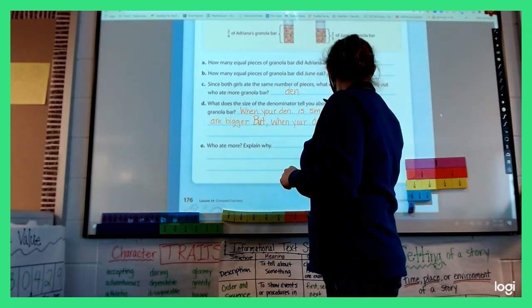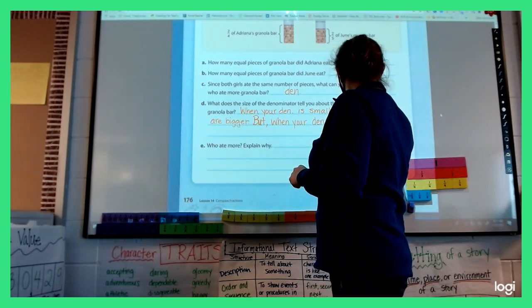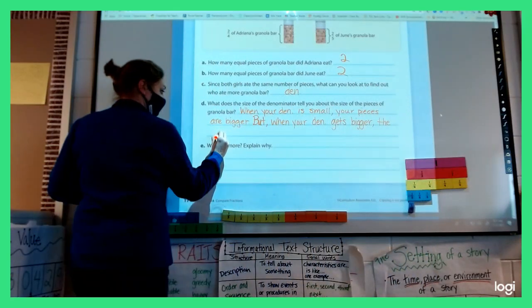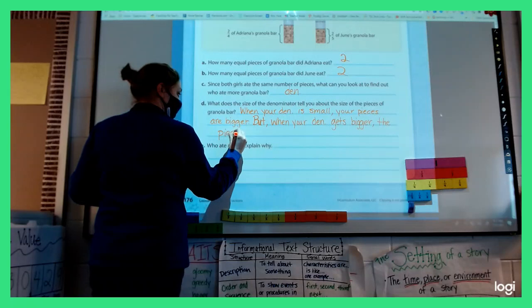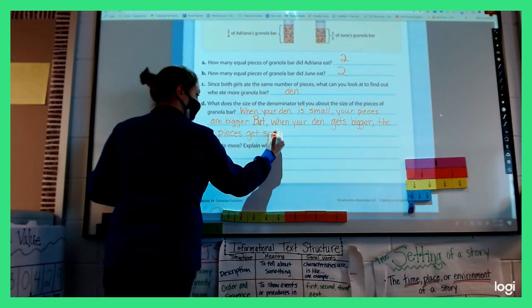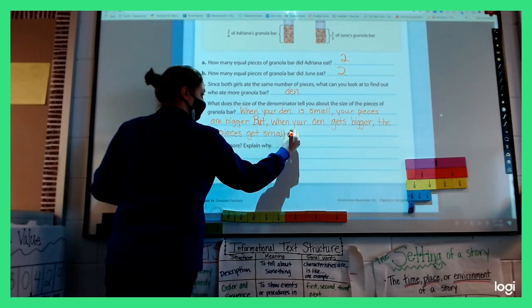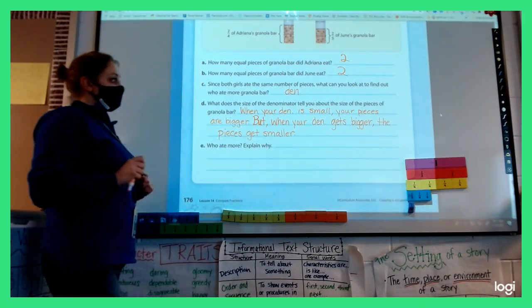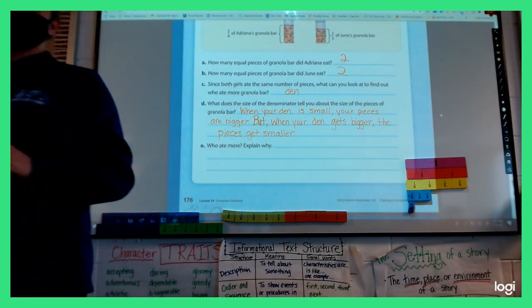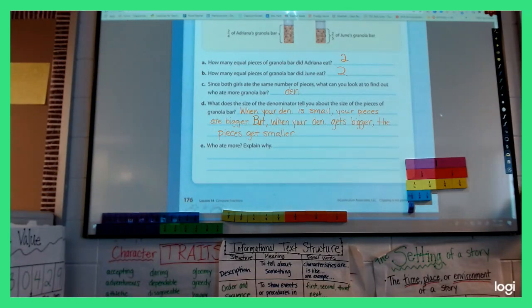So as your denominator gets bigger, the pieces get smaller. So you have to memorize that.